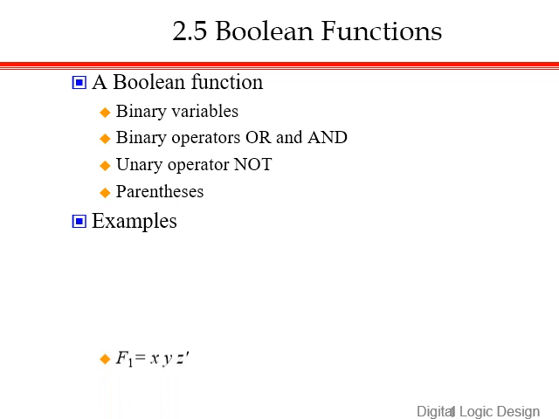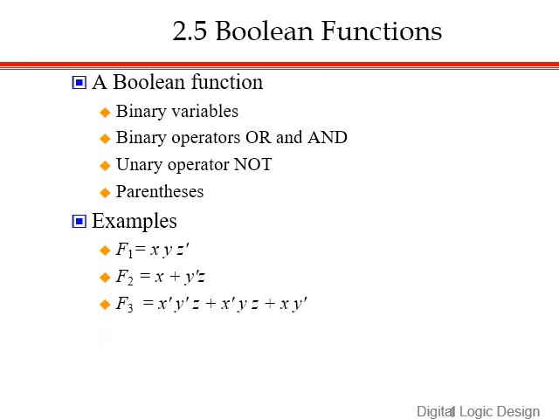For example, here are some functions given, like f1 is equal to x y z prime. It means the value of function f1 is based on the values of variables x, y, and z. The value of f1 will be 1 only if the values of x and y are equal to 1 and the value of z is 0.